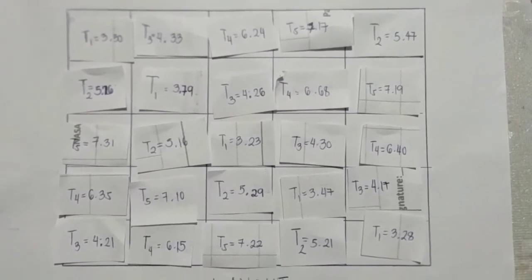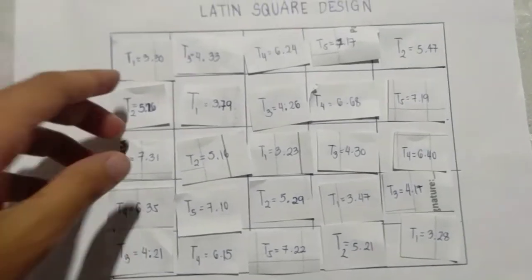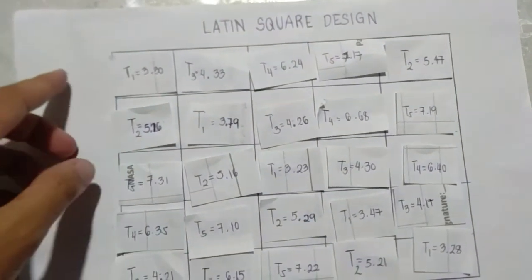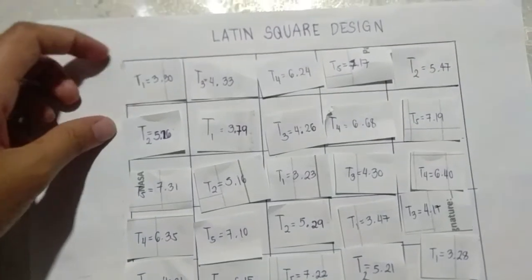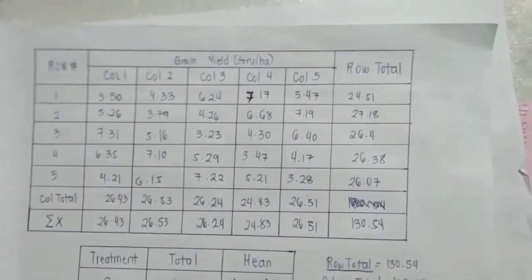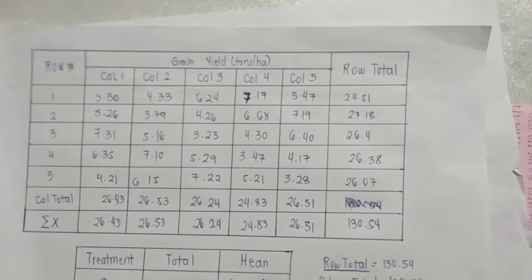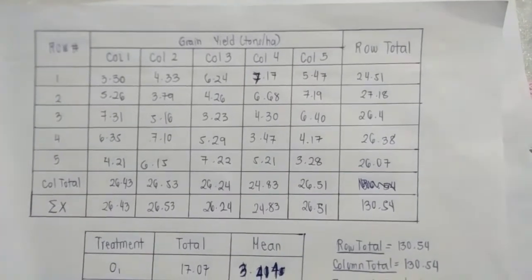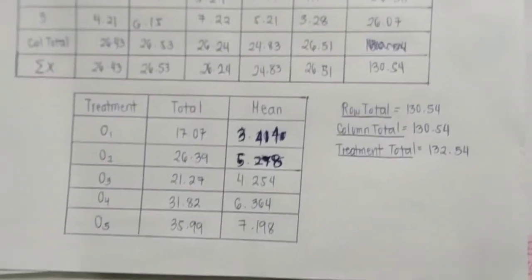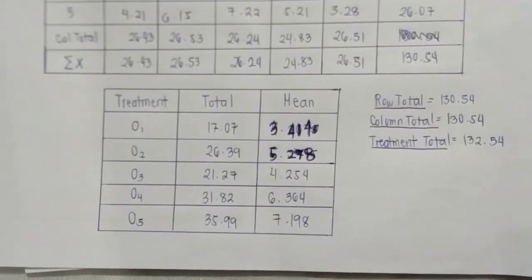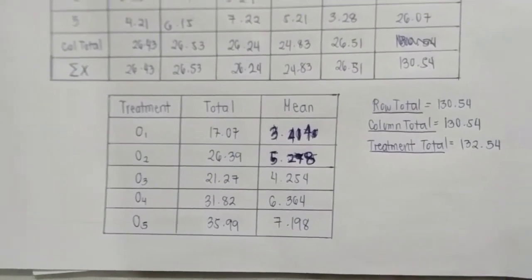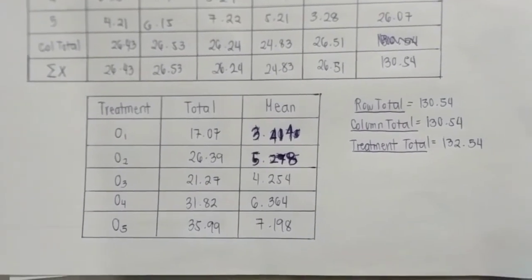As we lay out our data here, since this is our treatment 1, which belongs to row 1 and the first column, we will put it here, the 3.30. Same also for the 4.33 and so on. So now this is our table to know what is the row total and where is the column total and its summation, and even the treatments assigned for each respective organic fertilizer as a sample.